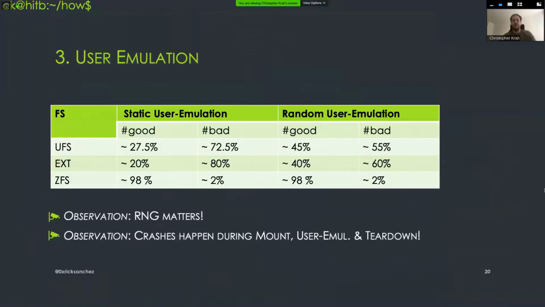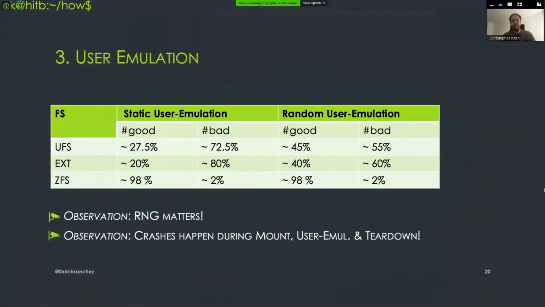For ZFS in particular, there's no change whatsoever. This has to do with the fact that the integrity checks and checksumming for ZFS are so strict that only those file systems are getting mounted which are still valid.